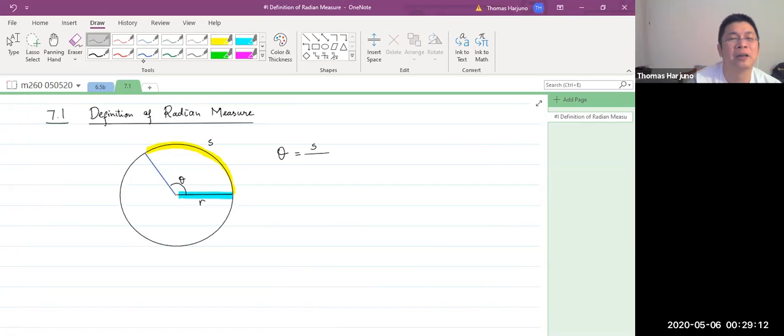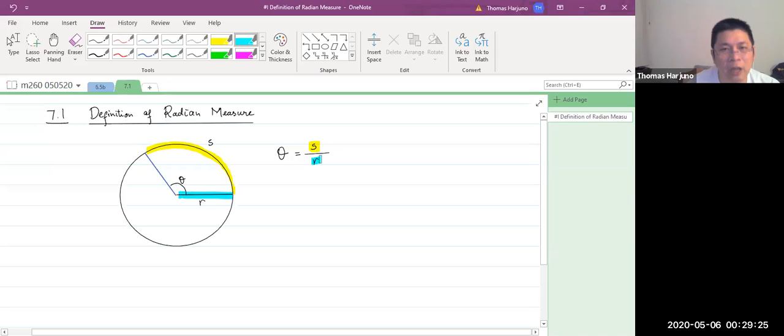Divided by the radius. So the radian measure is defined to be the ratio of the length, in this case the arc length, and the length of the radius. That's why radian measure is sometimes not written. Actually, to be more precise, most of the time it is not written.